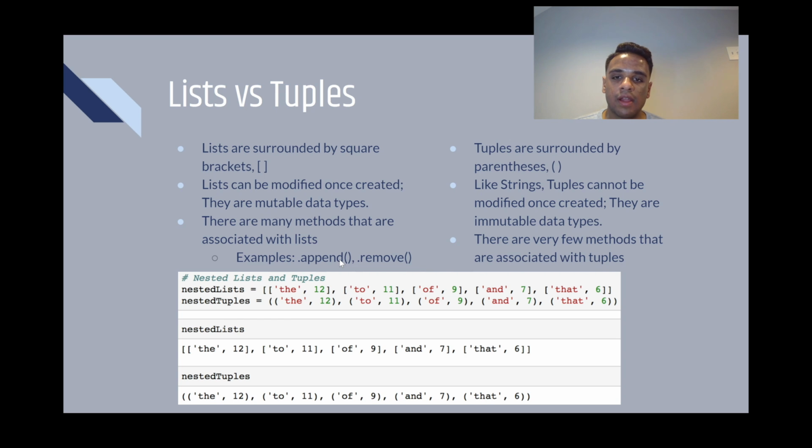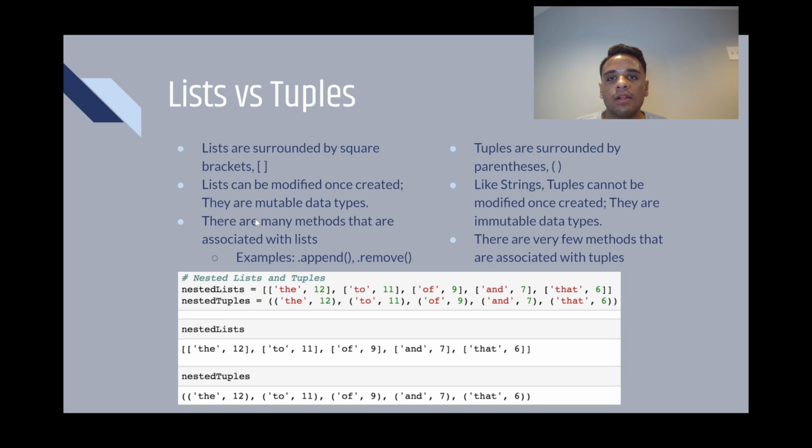Some of the methods associated with a list are .append, which means you want to add something to the list, or .remove, which means you want to delete something from a list. By list, let's take a grocery list, for example, right? We have a list of bananas, oranges, and apples.